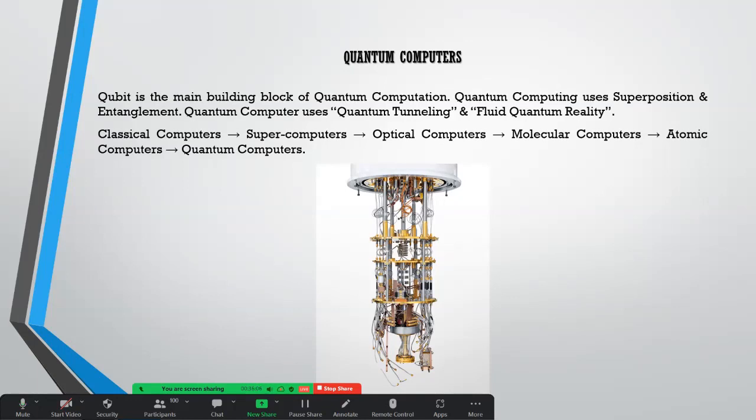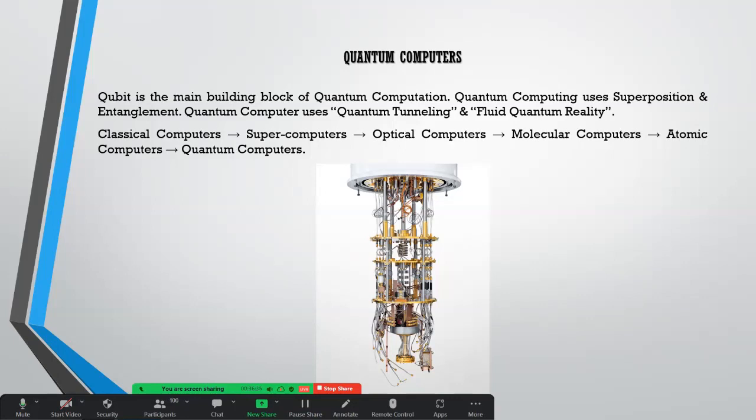Quantum entanglement states that the quantum state of any two or group of particles separated by a large distance cannot be described independently of the state of the other. Quantum physics describes the behavior of electrons, protons, neutrons, etc., and all of these work on quantum mechanics, which helps in quantum computing.